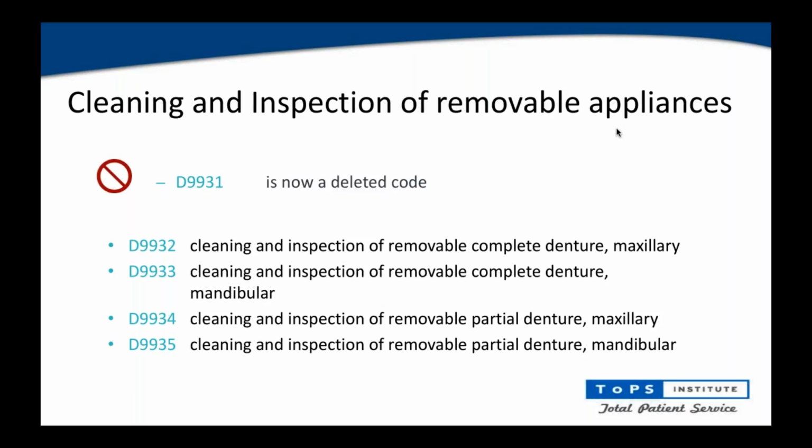So the 9932, 33, 34, and 35 are all cleaning and inspection of removable appliances, whether they be full or partial, upper or lower. So at the time that we're doing a hygiene appointment or periodontal maintenance appointment, if we are cleaning an appliance, then we would apply this code as well. So that was a code change I thought we should know about as well. And we can go on to the next slide.